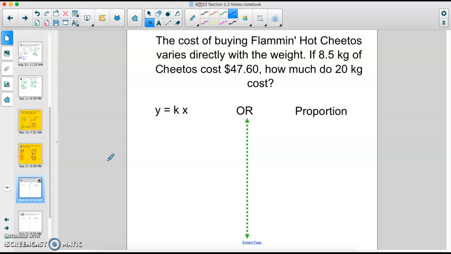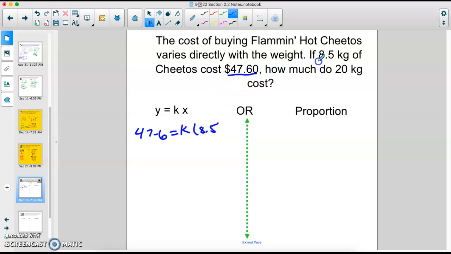So we can plug it in, right? So when we have 8.5 times the constant, that gets us our total amount, right? So we could do 47.60 equals, we don't know our constant yet, but we do know 8.5, right?